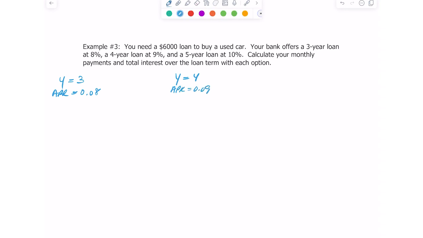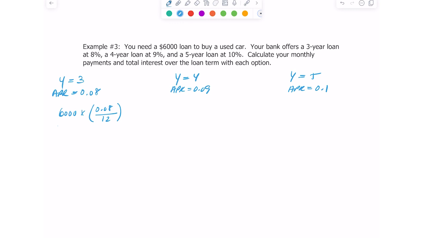And then the 5-year loan, where it's 10%. And we're just going to plug it into our formula. So remember the formula was PMT equals, so here my principal is 6,000, and it's going to be times 0.08, again over 12, okay, because we're looking at monthly.